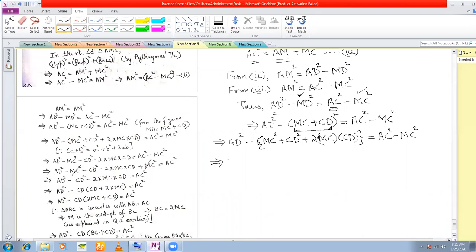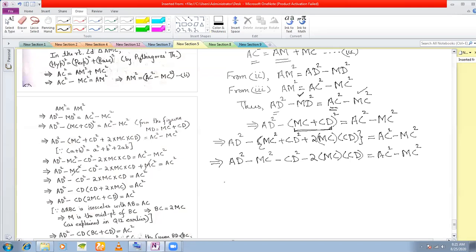Now you can open the brackets. AD square minus MC square minus CD square minus twice MC into CD is equal to AC square minus MC square.